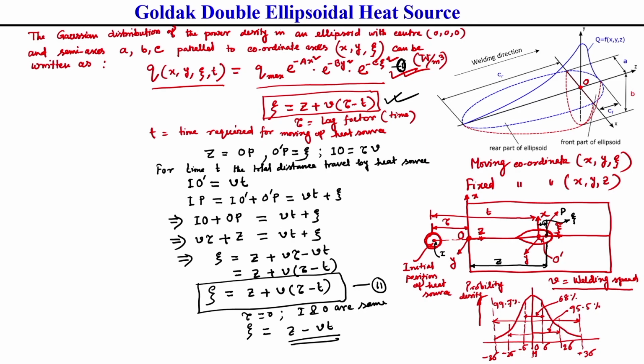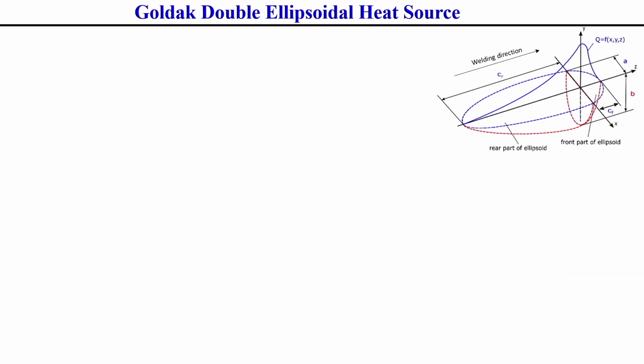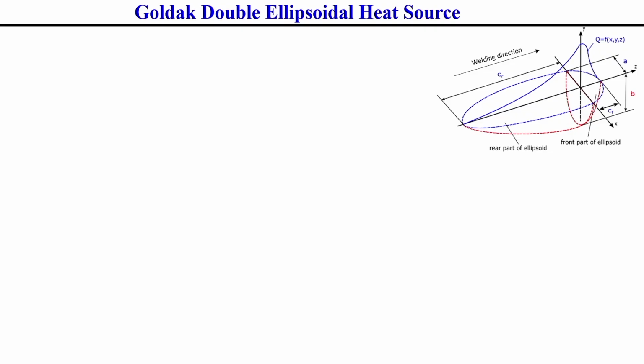Now, generally from this equation, how the double ellipsoidal heat source model comes, these things I am going to discuss in detail. Generally this Q max is the maximum value of the power density at the center of the ellipsoid, which I have already represented in the last slide itself.